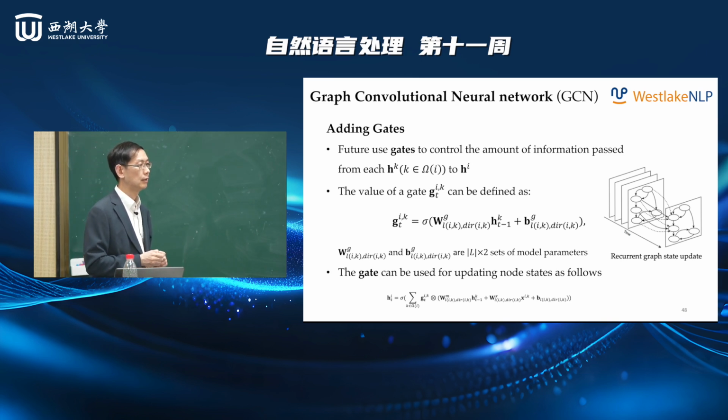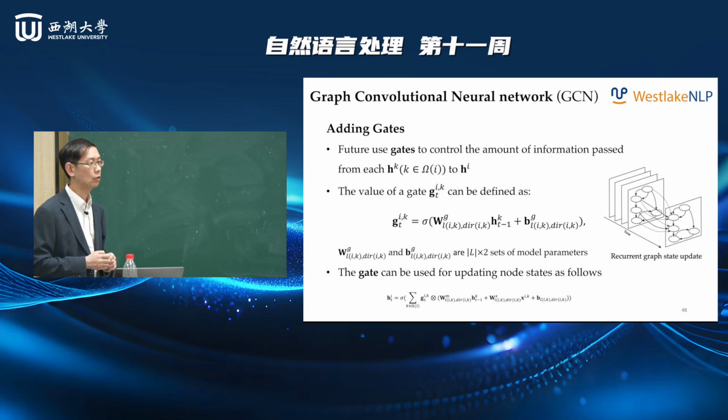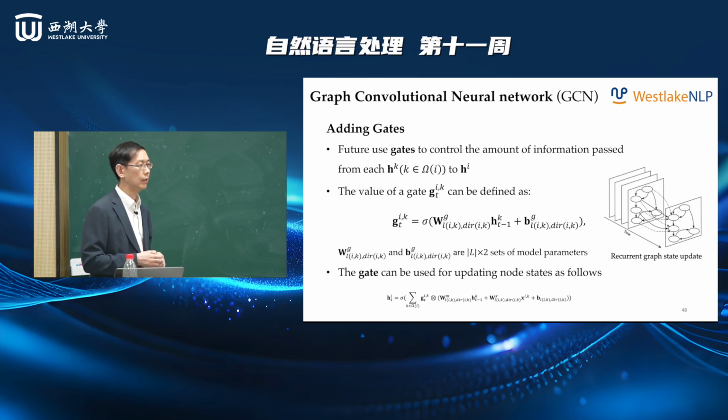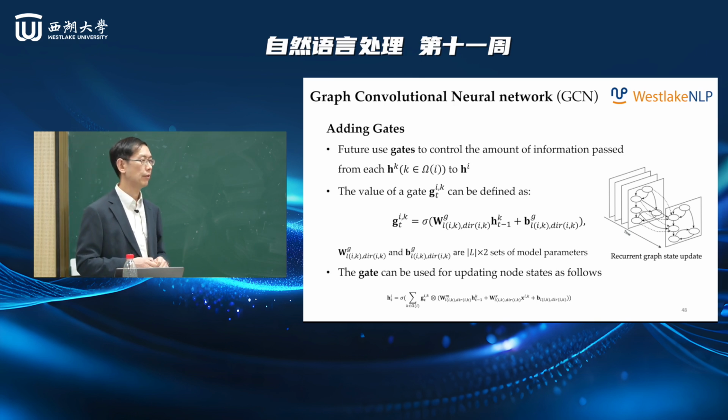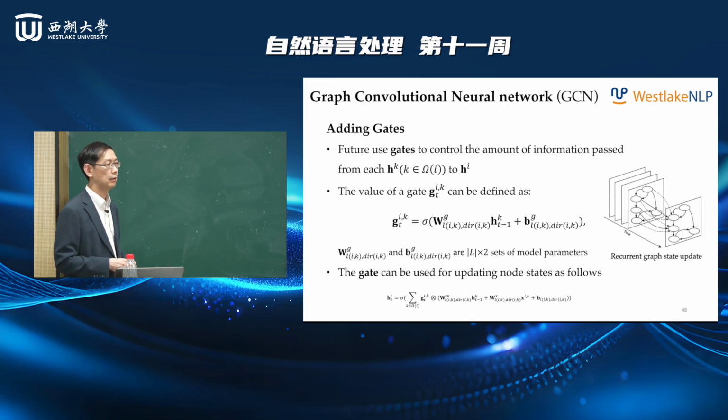That makes the model parameters more complicated and gives the model more representation strength. All right? So when you go home, you compare the 3 versions of GCN and think about why they are more powerful than the previous version.